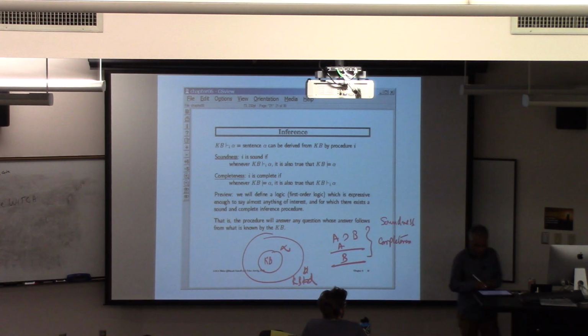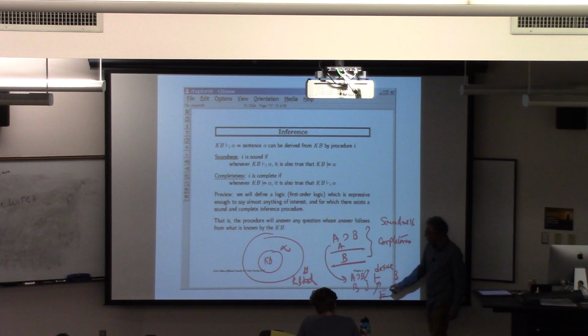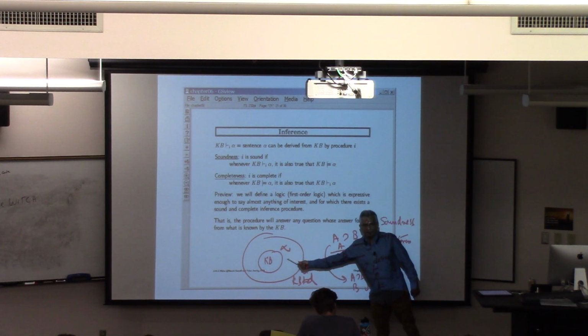By the way, when you write A implies B and B, you say the rule allows you to derive. You notice that the derived relation is different from the entails relation. And derives is being used to compute the entailment relation. And the question, of course, is whether the derived relation really equals the entailed relation. It would be sound if everything that is derived is actually entailed. It is complete if everything that is actually entailed is derived.